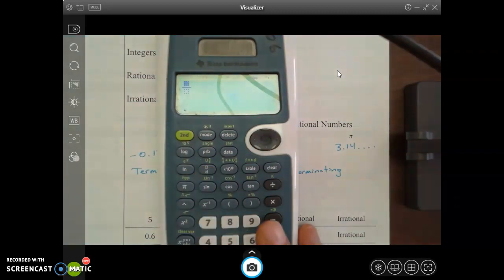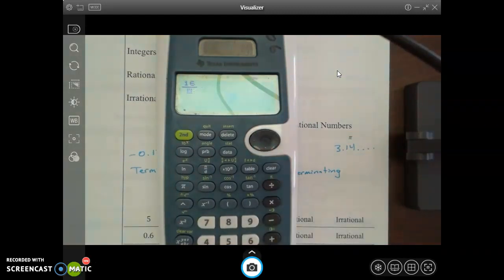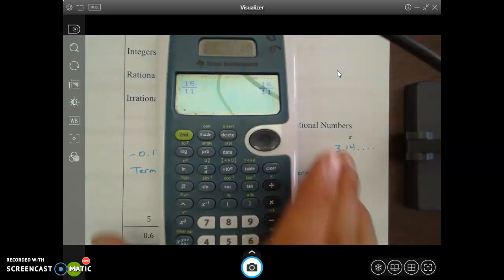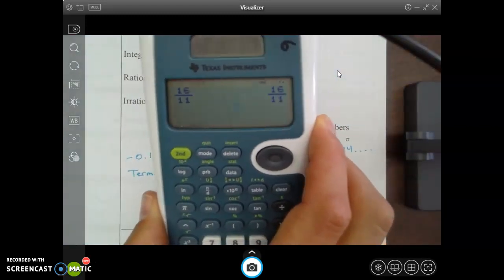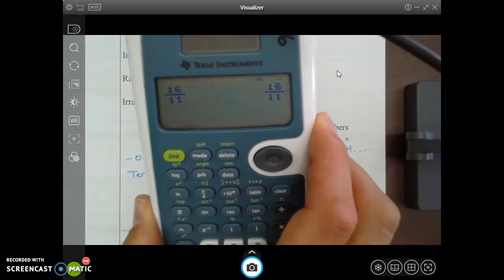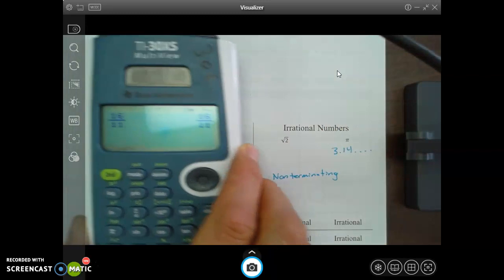So we just type in the numerator, then use our arrow keys to go down to the denominator, type in 11, and press enter. What that does is simplify the fraction for you. So it looks like 16/11 is as simplified as that fraction can be.